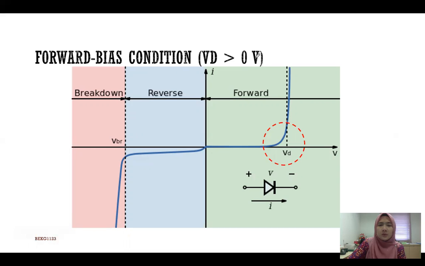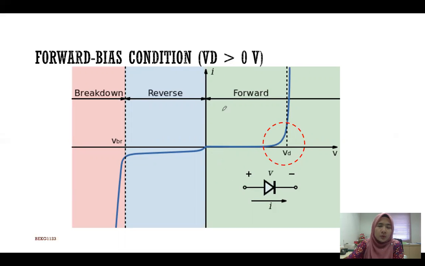Okay, so later we will go into details on this VI characteristics. So this graph is what we call the VI characteristics. This is the forward bias condition, when VD is more than 0 volt.